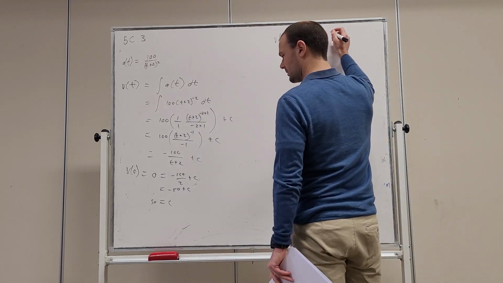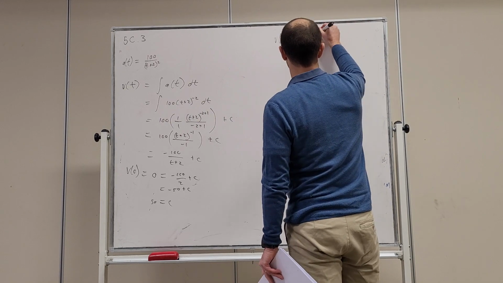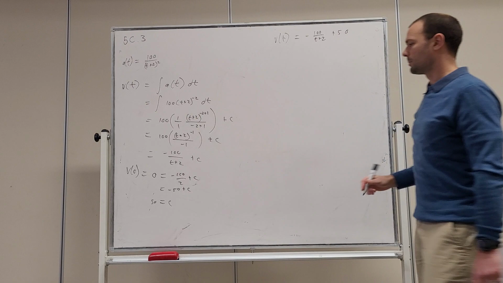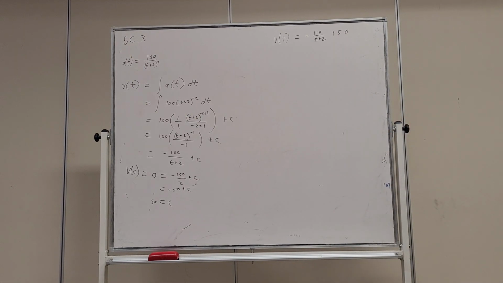Alright, so that means our velocity function is minus 100 on top of t plus 2, plus 50. So that's going to tell us the velocity for any value of t, right?